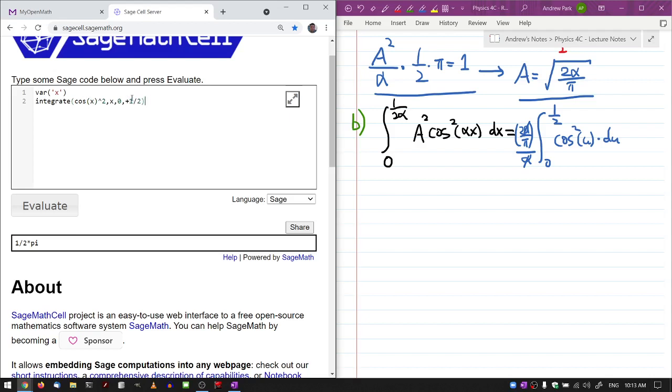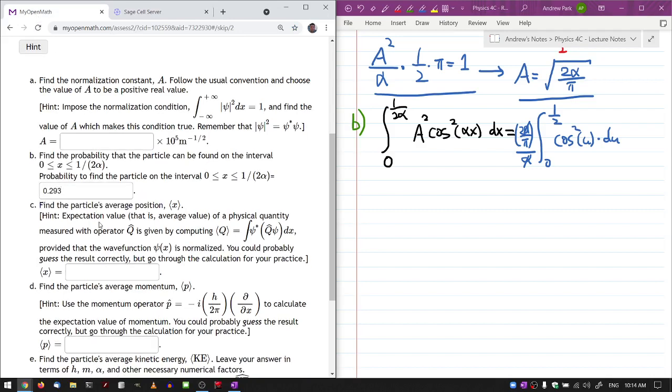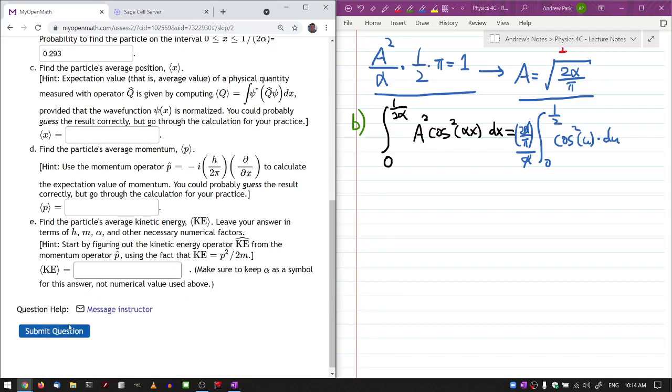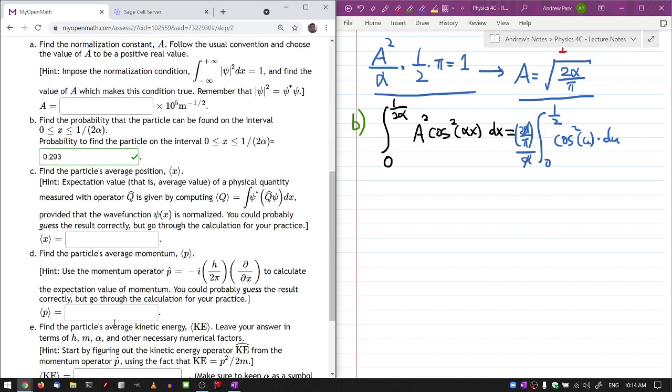Let me multiply by 2 over pi and put this into a numerical evaluator, so that I get the numerical answer I'm expecting. The area under the curve of the probability density function is 0.293. Let me plug it in so that I have some indication that I'm on the right path. And there you go.